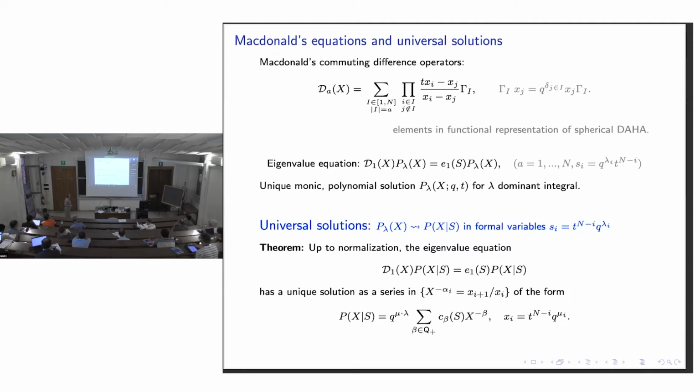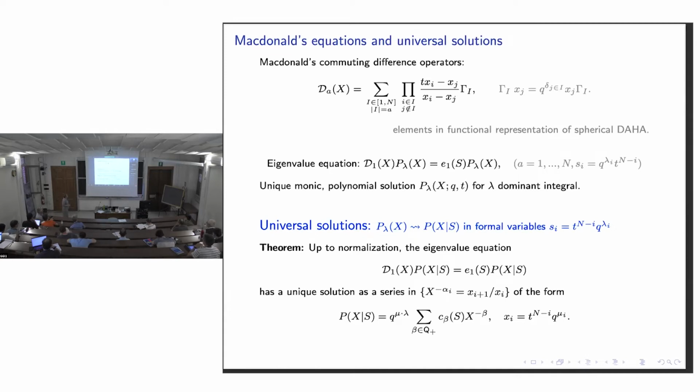And if we do that, instead of p lambda of x, we write p of x and s in this nice suggestive notation. This takes some getting used to. So I consider S to be formal variables and I write down the same eigenvalue equation: D1 acting on this thing is E1, the first elementary symmetric function, acting on this thing, except now S's are formal variables.